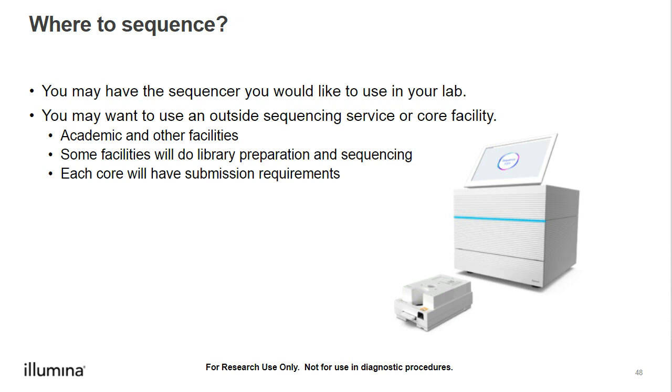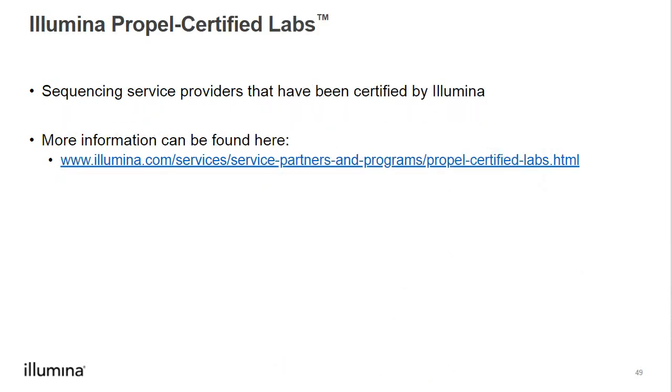Each facility will have information on how to submit samples for sequencing, and many offer library preparation services as well. If you are looking for a sequencing service provider, we do have a list of providers that have been certified by Illumina. The link here gives more information on Illumina Propel certified providers.